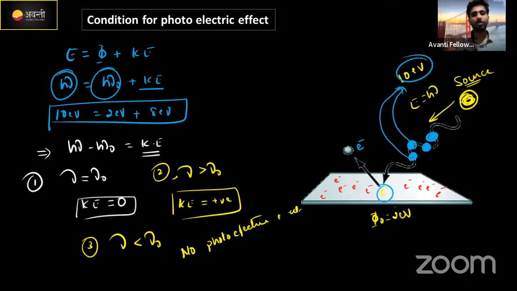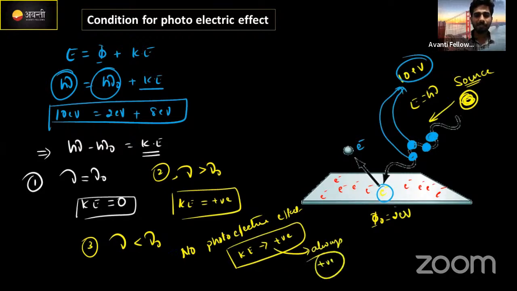Both don't happen here. Don't say kinetic energy will be negative. Kinetic energy will always be positive. Keep this as a reminder. In the third case, there is no photoelectric effect. This is the exceptional case.